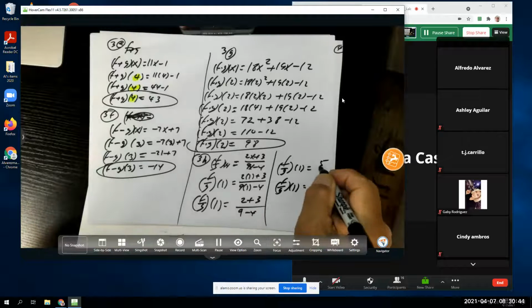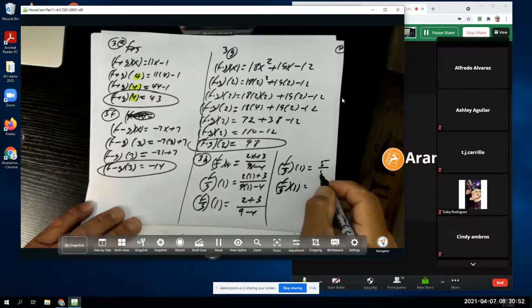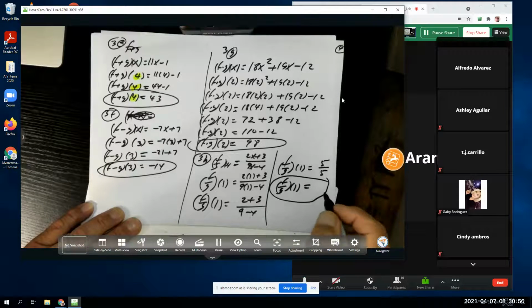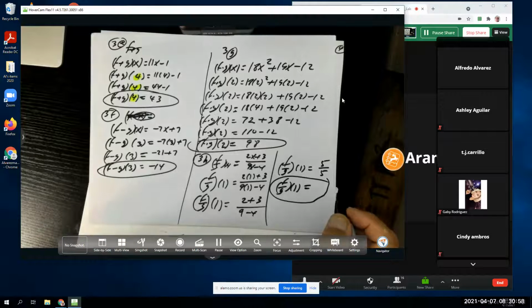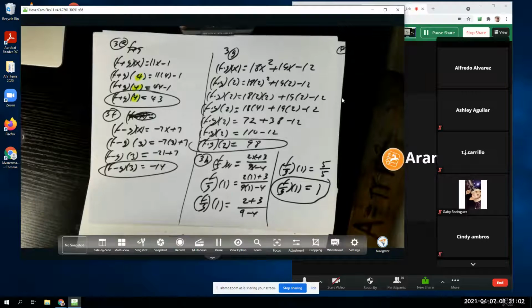And on the bottom one, what's 9 minus 4? Calculator. Just right here. 5. And 5 divided by 5 in your calculator is what? 1. That's it, 1. All right, that's number 3. That's the end of 3.